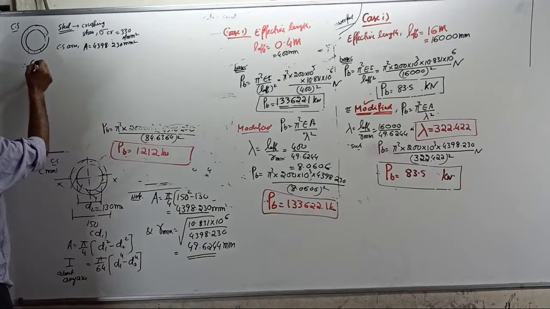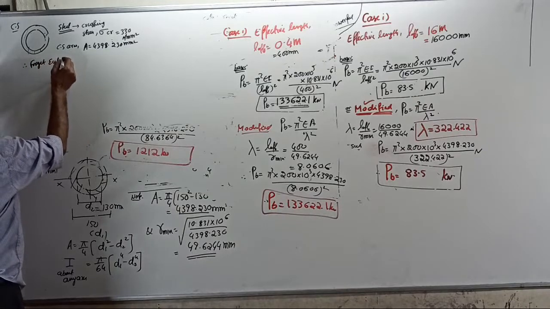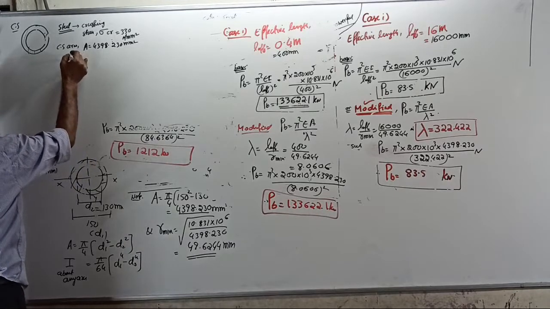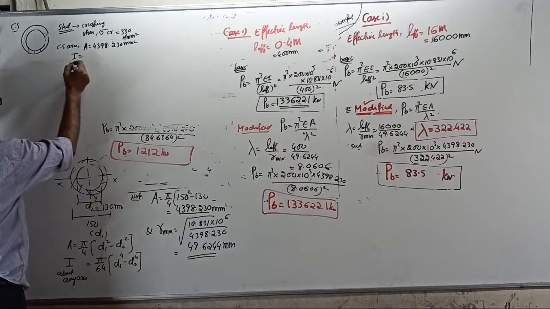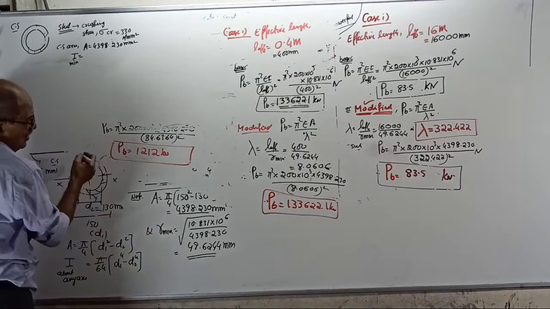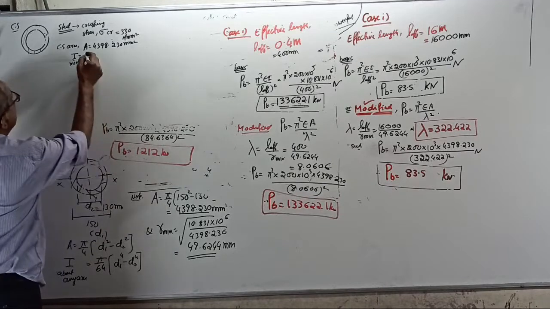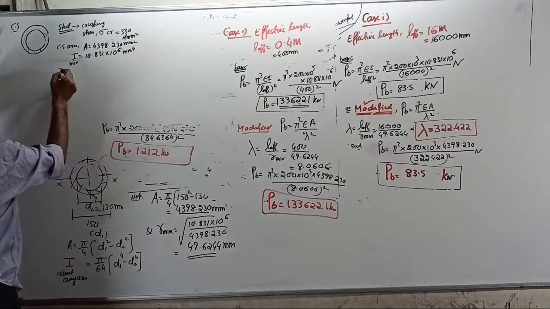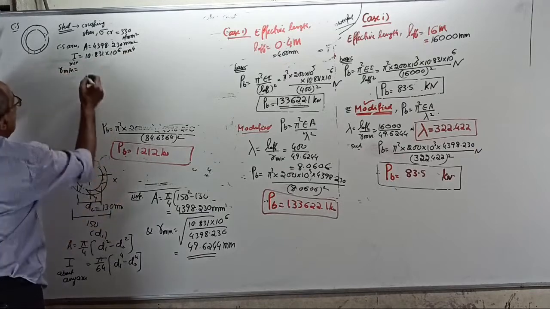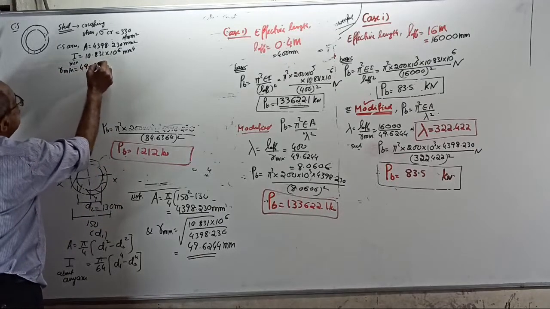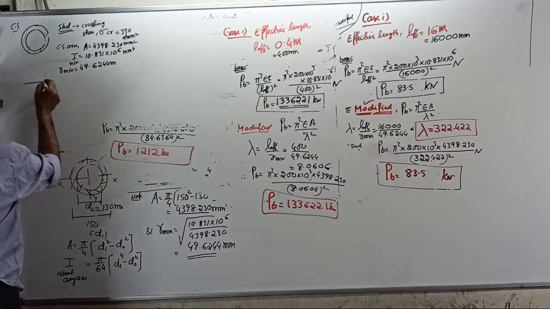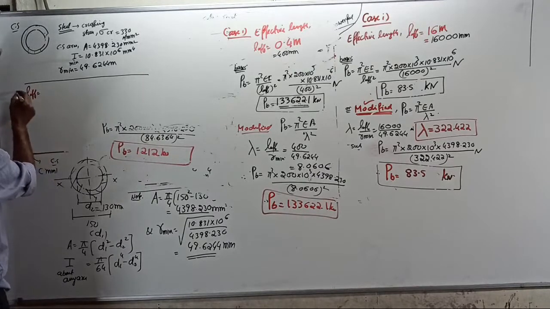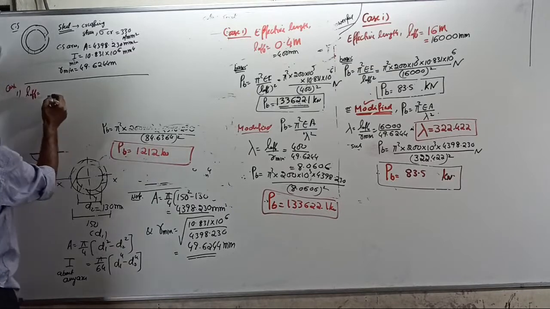Least I, I minimum equal to 10.831 into 10 to the power 6 millimeter power 4, and its R minimum is 49.6244 millimeter.